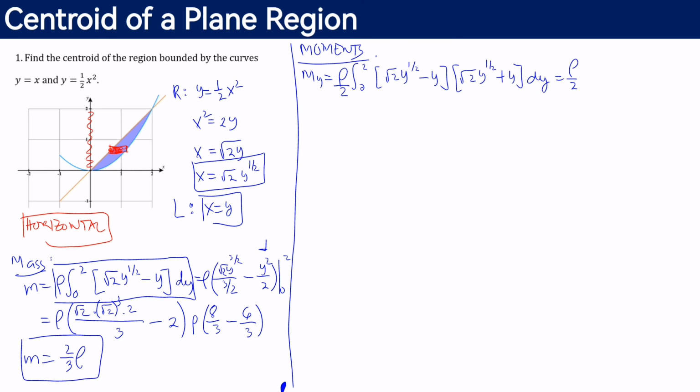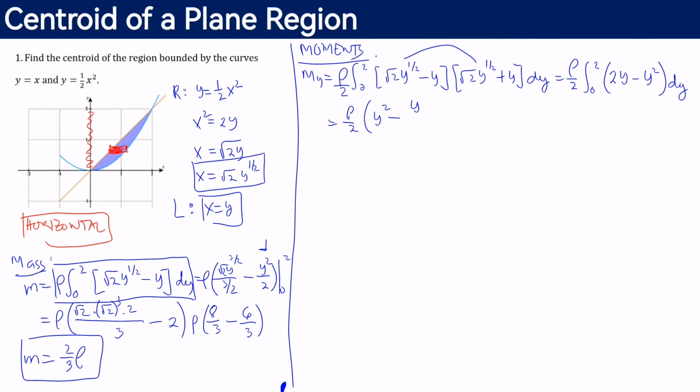Multiplying, I get rho over 2, integral from 0 to 2, of 2y minus y squared dy. You can do FOIL here or use the special products. Okay, let's continue. The antiderivative is rho over 2 times 2y squared over 2, so that's just y squared.